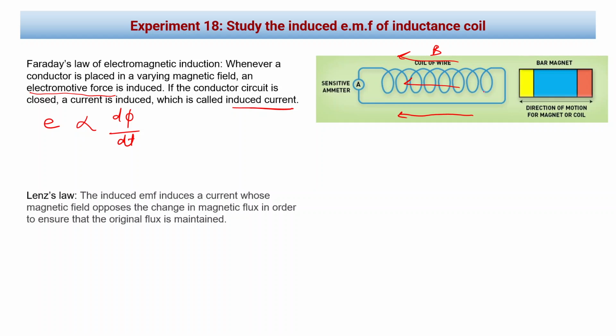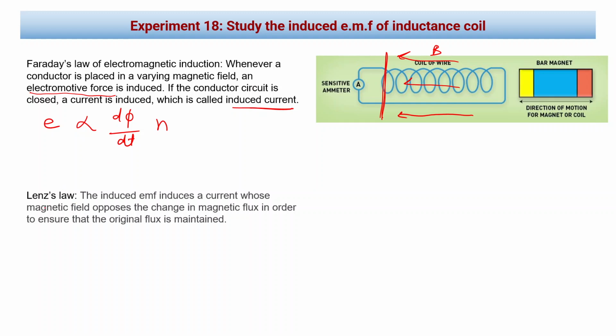There is a change in magnetic field, and if we take the cross-section area perpendicular to the direction of magnetic field, that is, if this is our area that we are considering, then B dot A is called magnetic flux. The magnetic field passing through this perpendicular area is called magnetic flux, and this induced EMF is proportional to the rate of change of magnetic flux and the number of turns in the conducting coil like this.